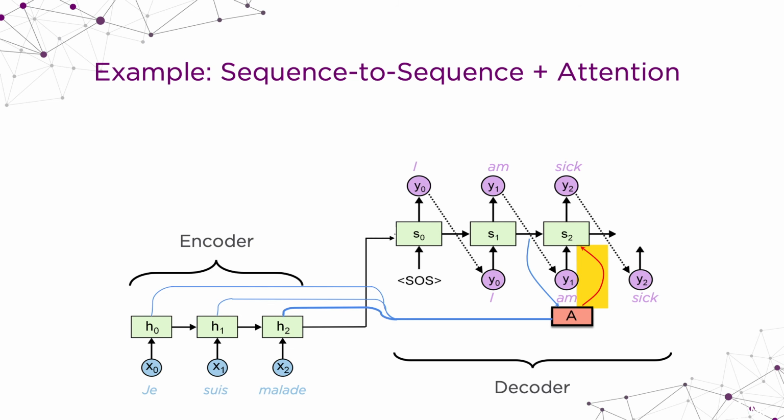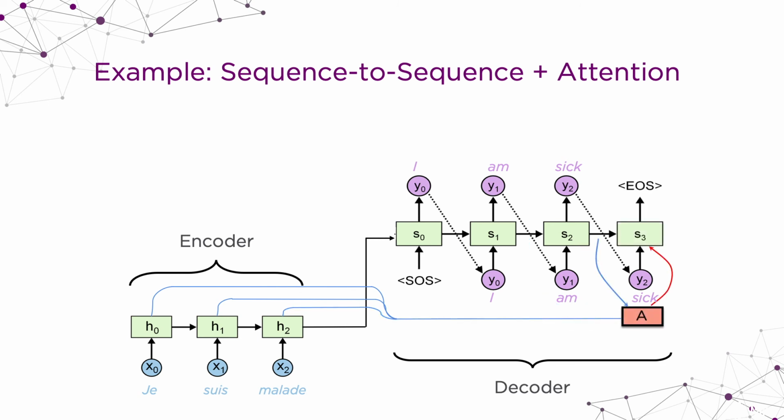So now the decoder is hopefully updating the internal state S2 in the right way, and is producing the output SIG, which is the correct one. And then we have still one step to run, because the decoder will continue to run until it decides that it's time to stop by producing the end of sentence string. And again, you see that before updating this S3, we ran the attention mechanism again. So you see that it runs at every time step.